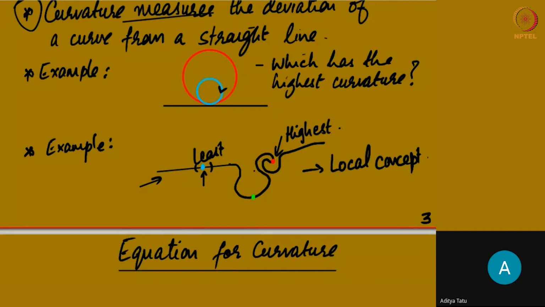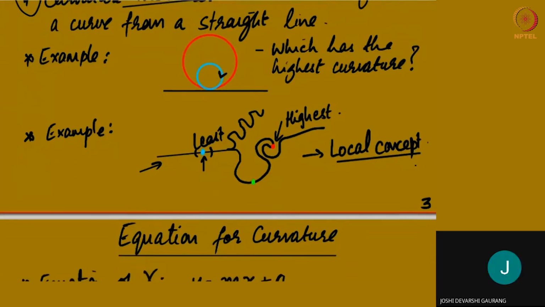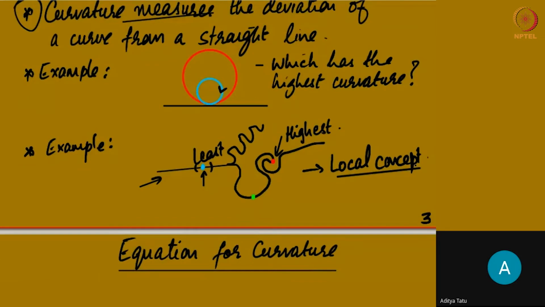Even if I change the curve from this to something like this, the curvature at this point will still remain the same. So you can conclude that it's a local concept. Agree? Yes, sir.